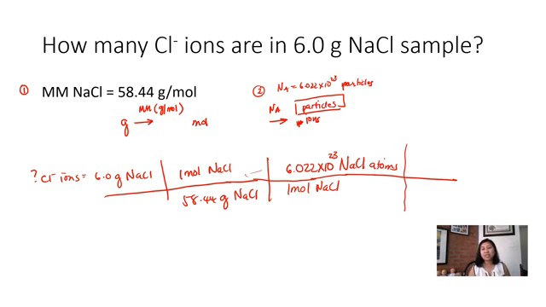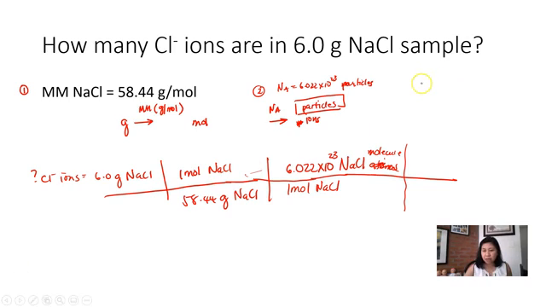Okay, so in this case you're not looking at sodium chloride molecule. I'm sorry, we should talk about molecule here because we're dealing with a compound. And then how many portion of that, or chloride ions, is present in a molecule.